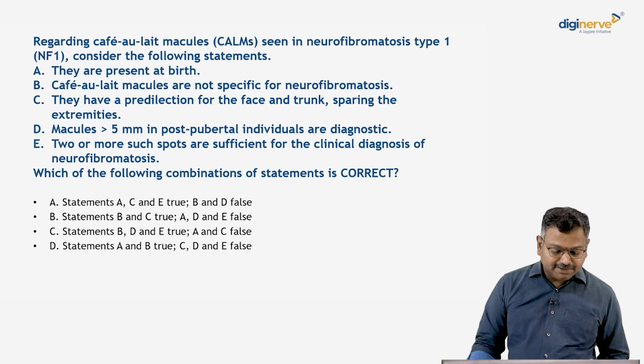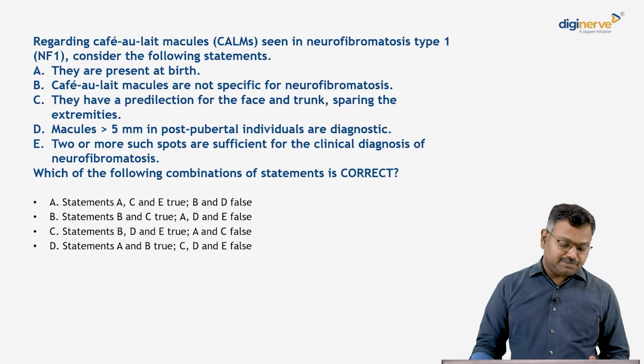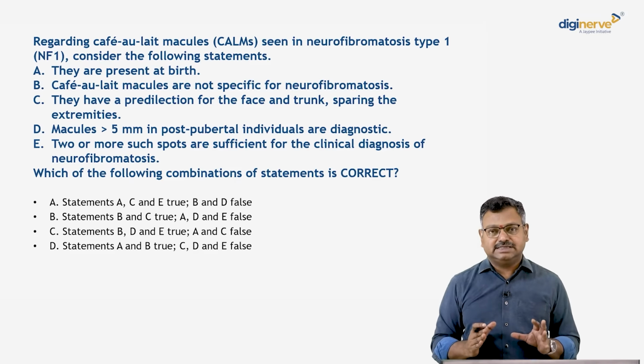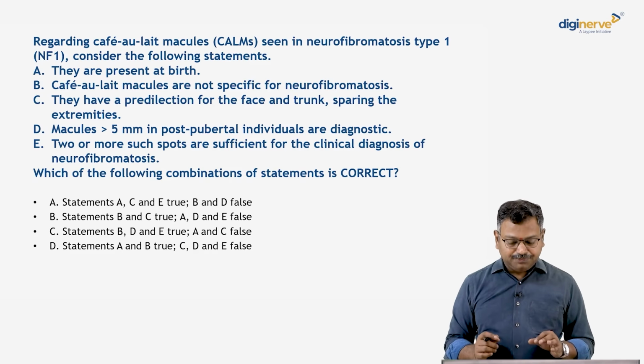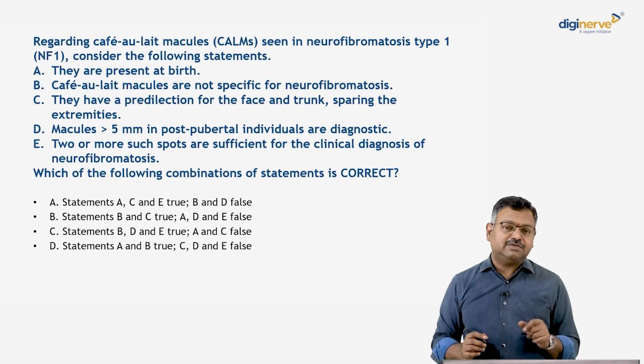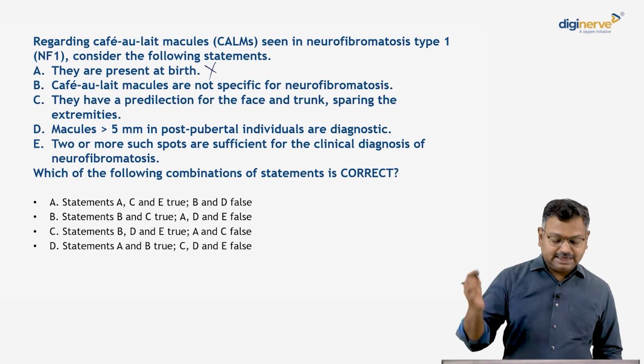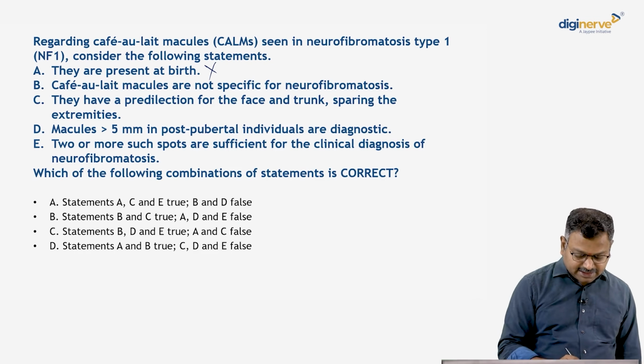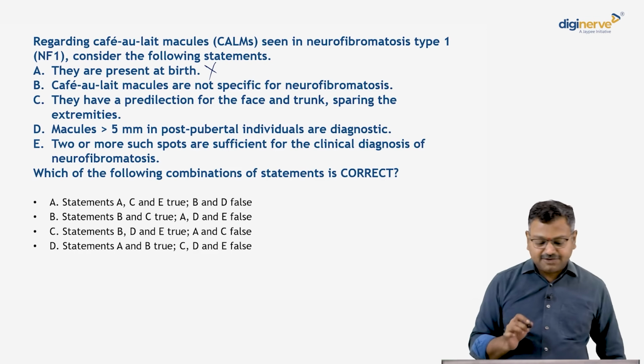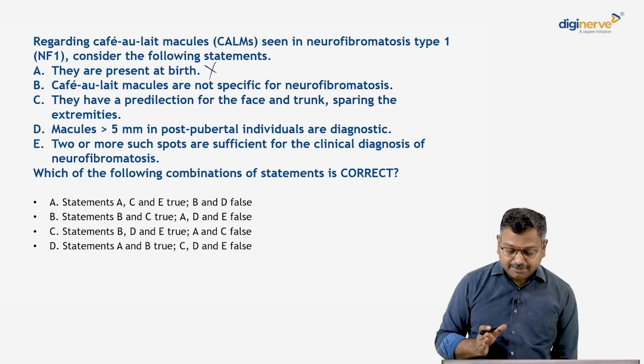Macules of more than 5 millimeters in post-pubertal individuals are diagnostic. 2 or more such spots are sufficient for clinical diagnosis of neurofibromatosis. Now remember, Café-au-lait macules are present in McCune-Albright syndrome also. Usually they are not visible at birth. At later stages of life, that is where they start appearing very frequently. That is what we have to remember.